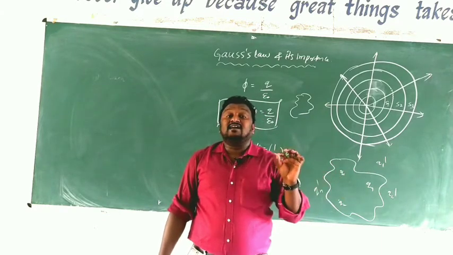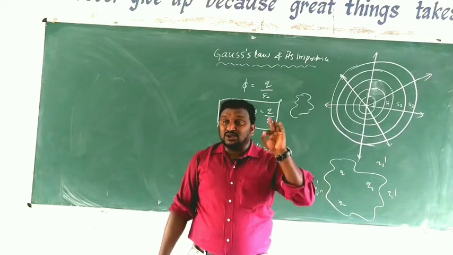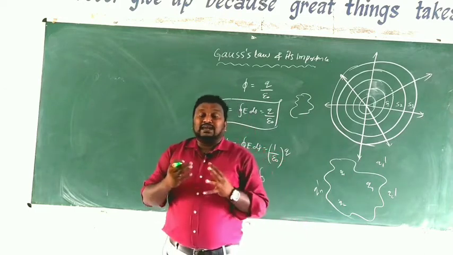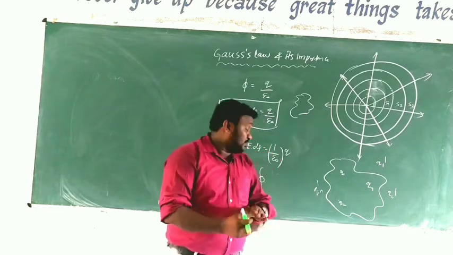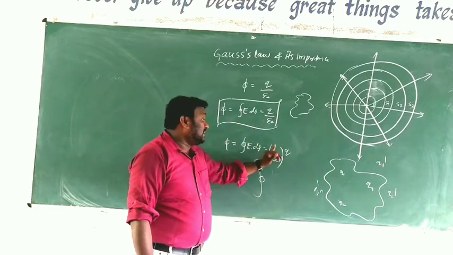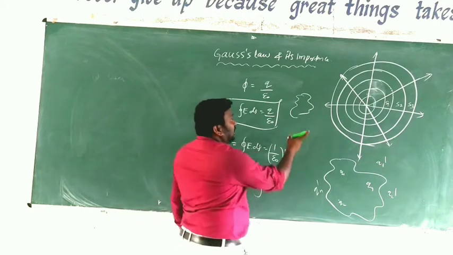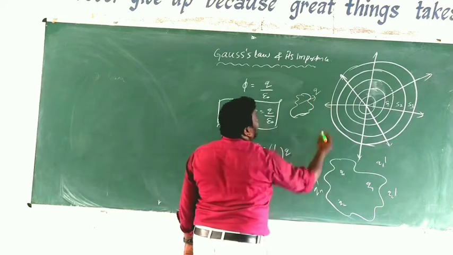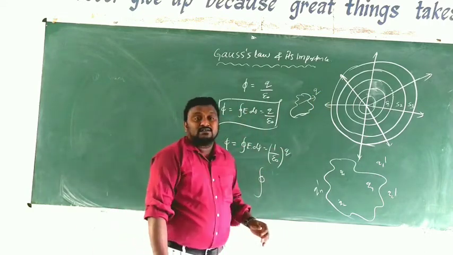This is called Gauss law. Gauss law is applicable to closed surfaces only. Clear? For the surface, net charge is Q. And what is epsilon naught?